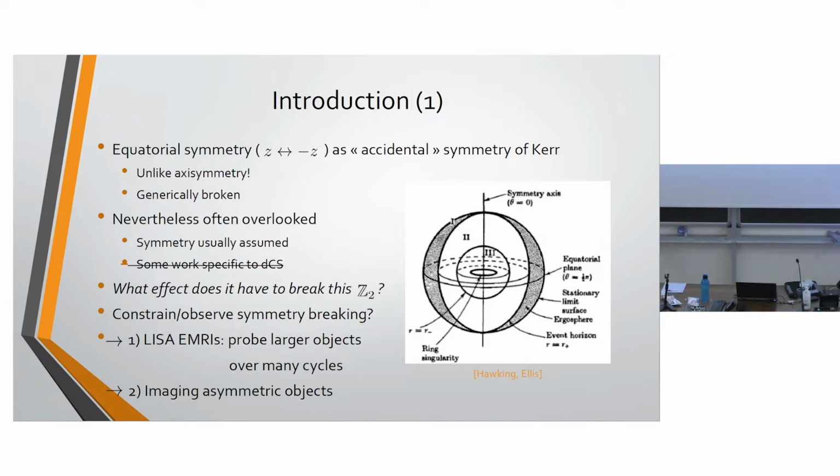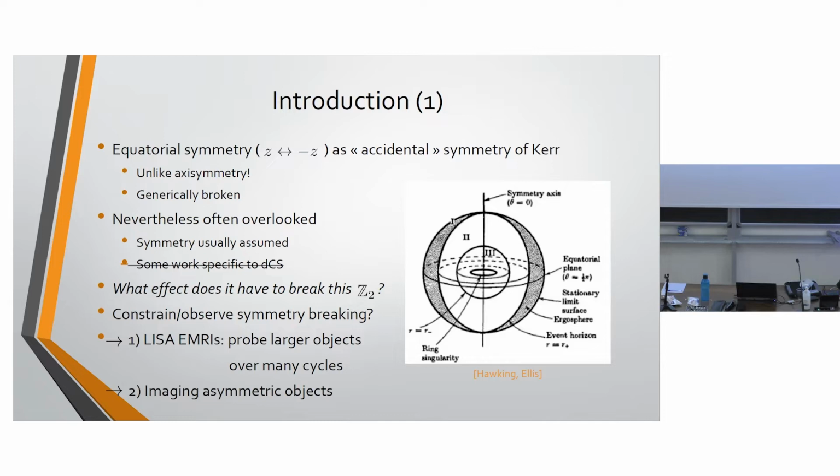Stationarity just means that it looks the same, that it doesn't do anything in time. Axisymmetry means that you have a nice axis around which it rotates. We know that stationarity and axisymmetry are related in a very intimate way in GR. It's not impossible, but it's difficult to relax this link between the two.